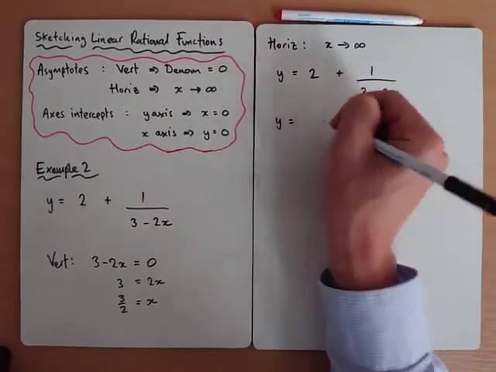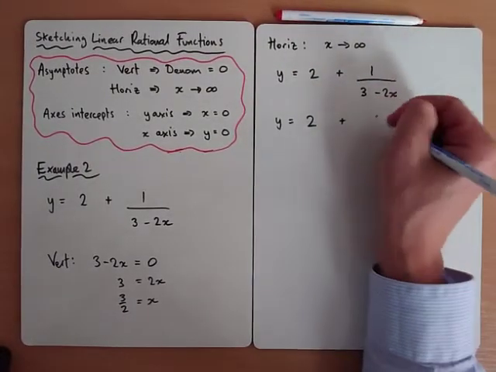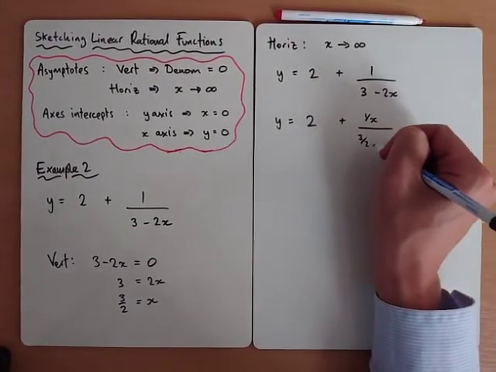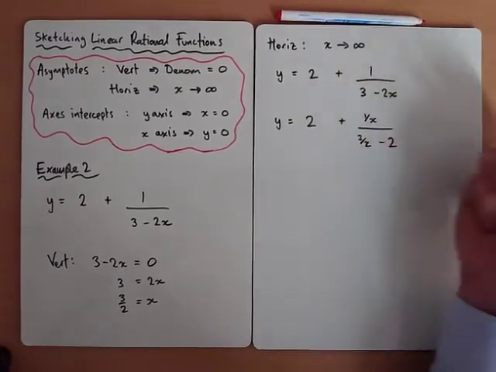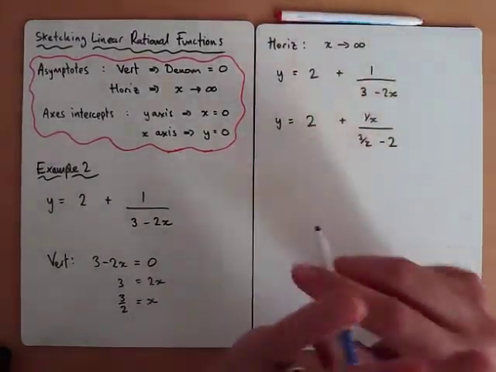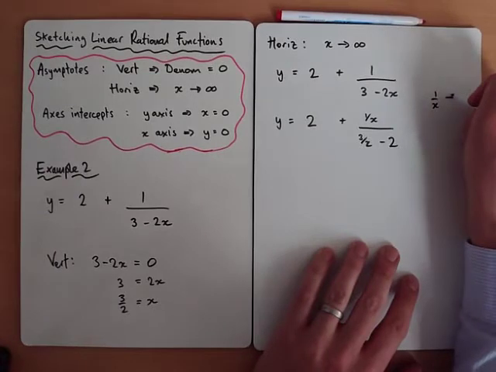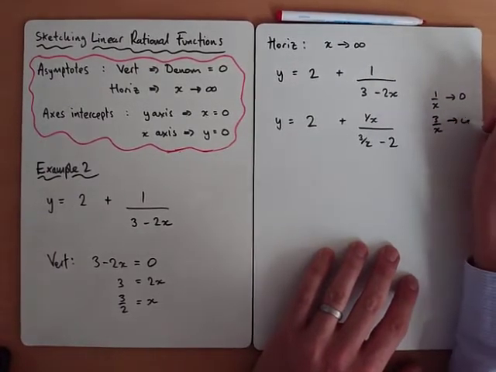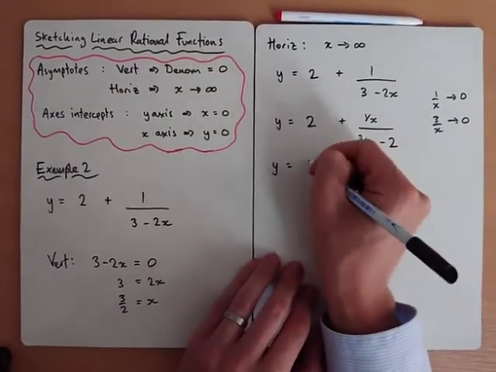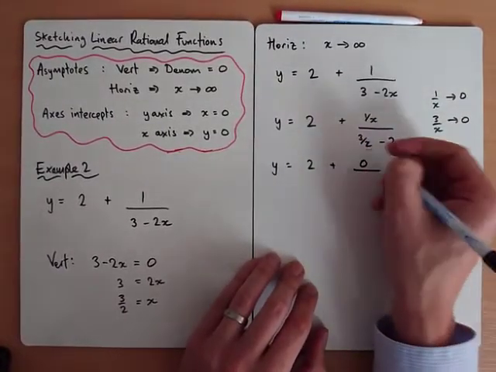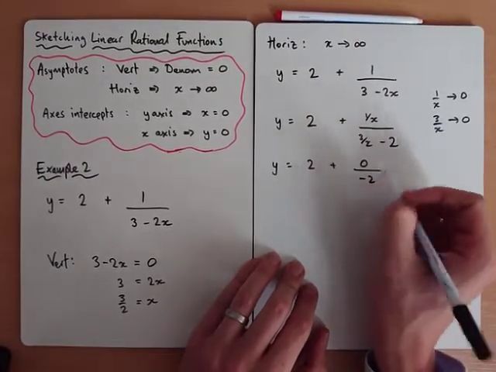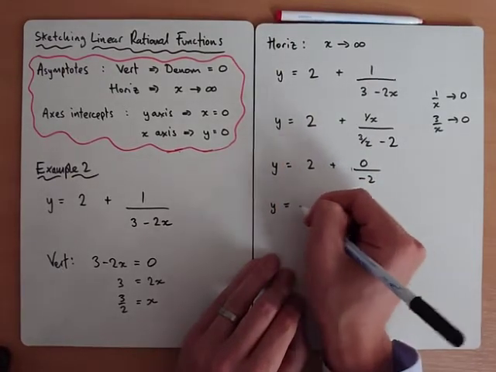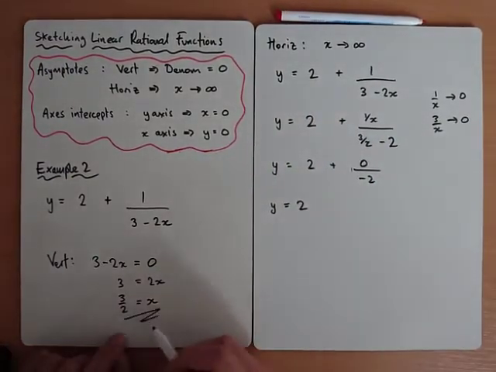If we divide throughout by x, we've got 1 over x, 3 over x, minus 2. Now as x tends to infinity, 1 over x would tend to 0, and 3 over x would tend to 0. So y would equal 2 plus 0 divided by minus 2. When you get 0 divided by something, it gives you 0, so the asymptote would be y equals 2.